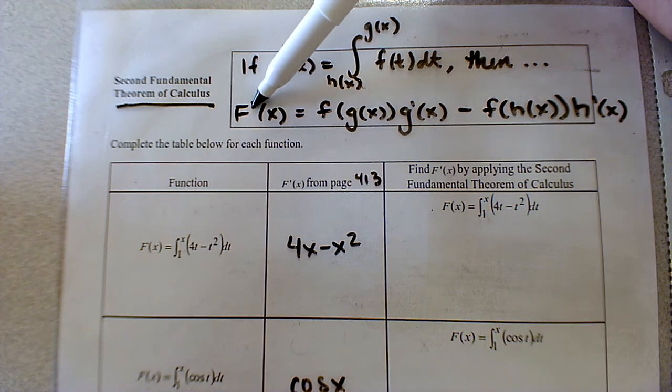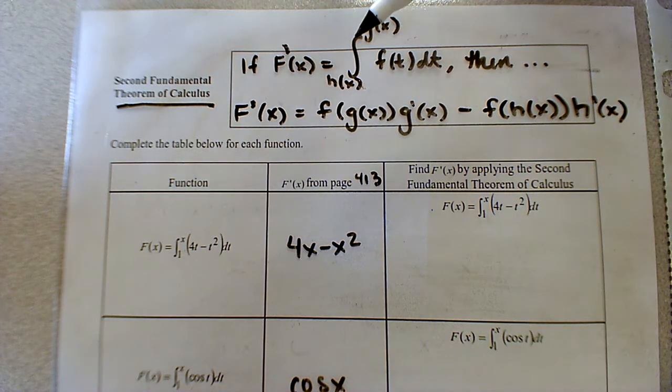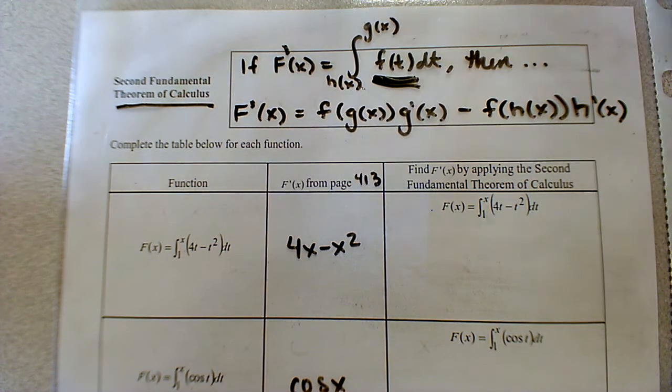But if you were to then take a derivative of that antiderivative, you would be back to what you started with. So that's why we kind of saw a pattern in the first few examples on the last page, why our derivative result was the same as the original integral function that we started with.